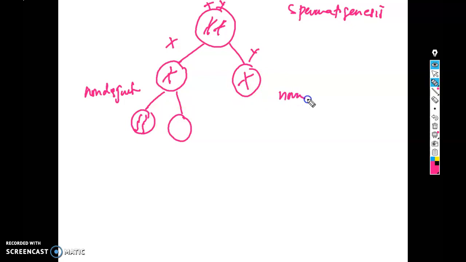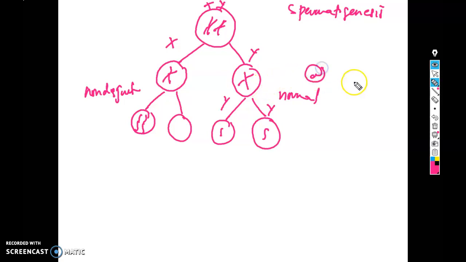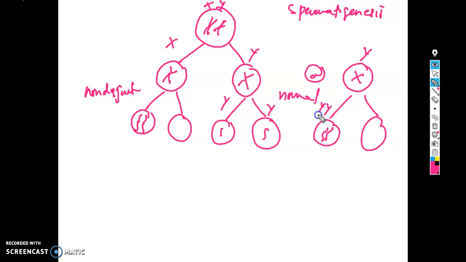If this is normal, they will produce like this and this, and they will get 1 and 1, both Y and Y. Or if there is non-disjunction, they will get Y and Y, and then this one 0.